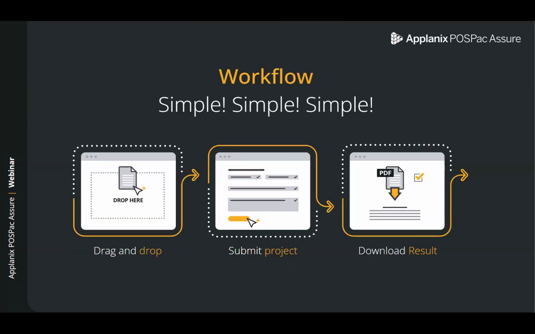The workflow itself, as soon as you play around with it, you will realize it's basically very simple. After you registered and you're logged in with your account, you can simply drag and drop the rover files over a map. That creates automatically a project. And if you want, you can also load a base station file and select the processing mode at the end, and then you submit your project.